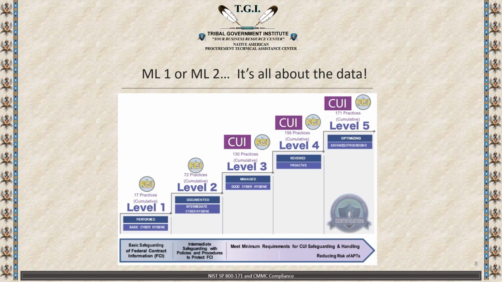That starts out with your risk and security assessment, and that is a yearly requirement. Your plan of actions and milestones, your POAMs, which you will need to complete in order to be CMMC compliant. Your POAM must be 100% complete and in conformity, and that is a very high standard.